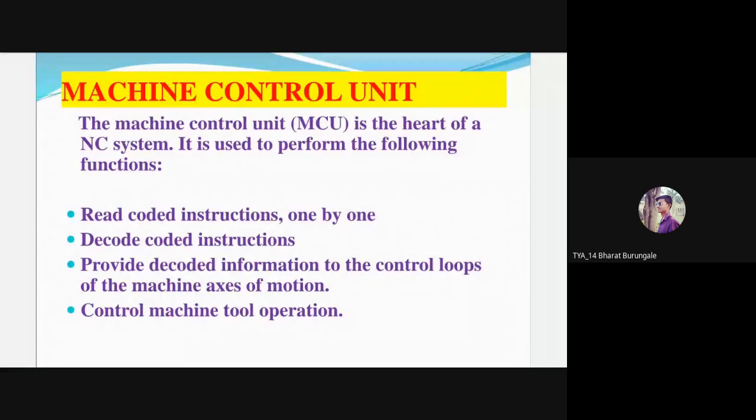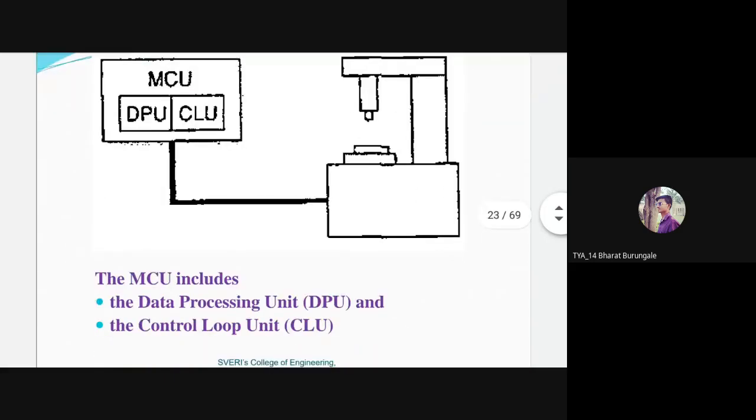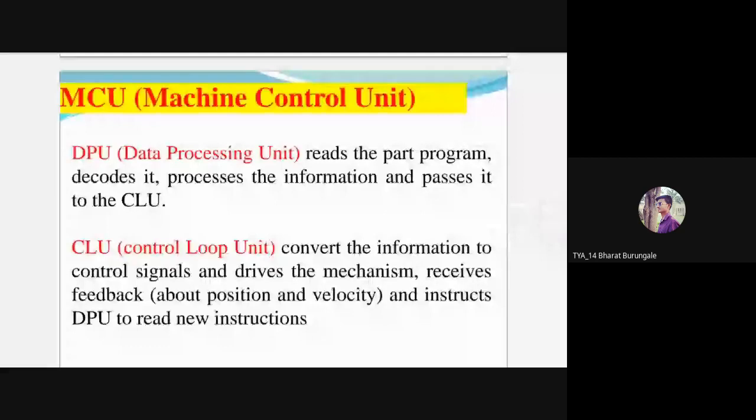Now the machine control unit has two parts: the data processing unit (DPU) and the control loop unit. So in detail, what is the data processing unit? The data processing unit reads the part program, decodes it, processes the information and passes it to the second step, the control loop unit.